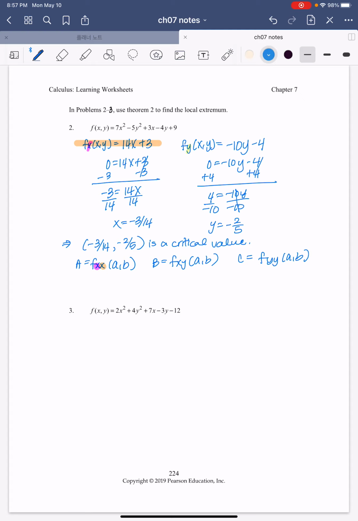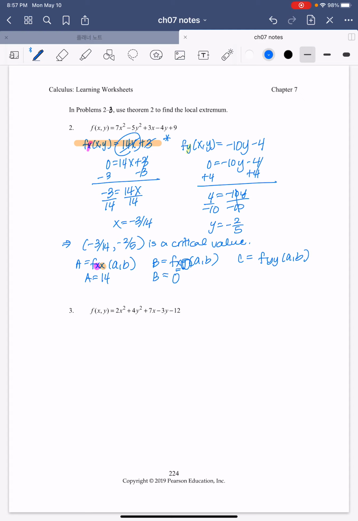So here, x is my variable, so I end up getting 14 and 3 disappears. B, same function, so I'm still going to use this one, and then I'm taking the derivative with respect to y. None of the terms has a y, so it will be 0.